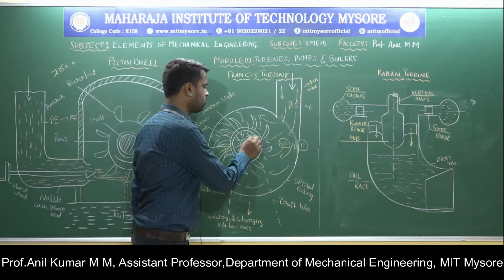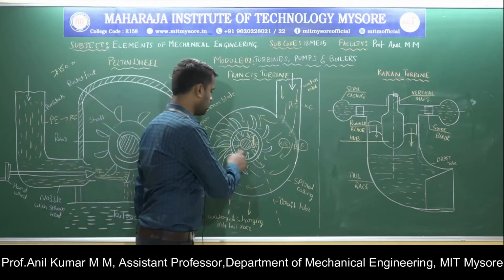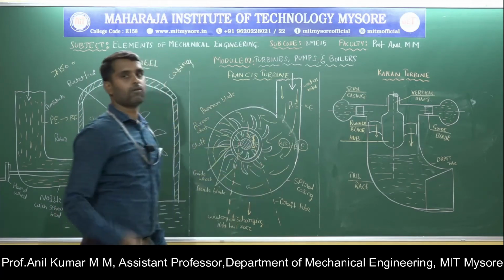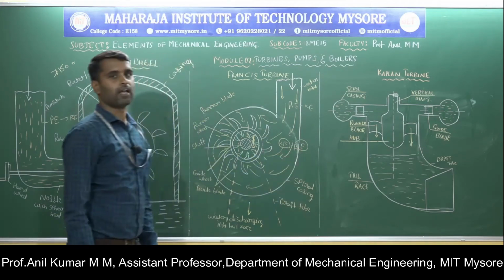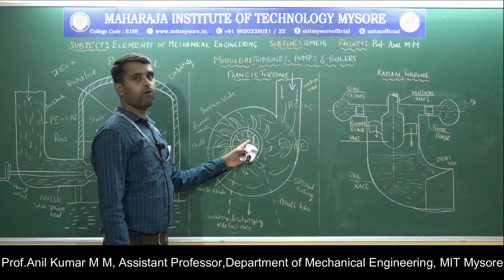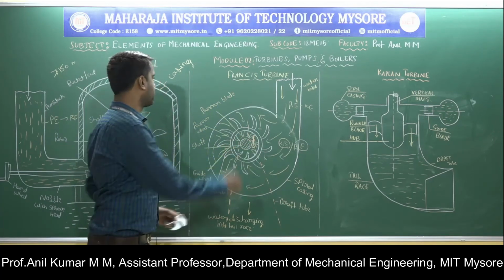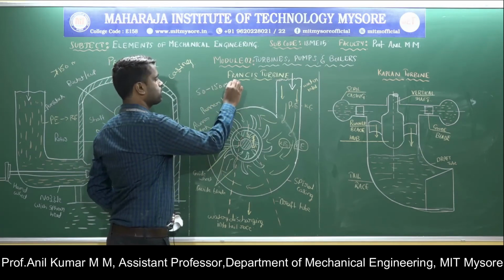The combination of these two forces you can call the reaction force. That reaction force sets the runner to rotate. When the runner starts rotating, the kinetic energy gets converted into mechanical energy. So the Francis turbine is a radial flow reaction water turbine, and the head available is around 50 to 150 meters.